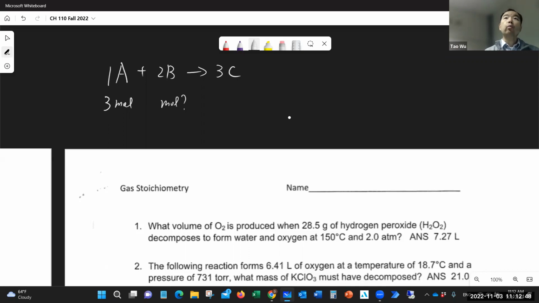But we have different ways to figure out the moles of the stuff, because the ratio used here is a mole ratio. It's not for mass, it's not for concentration, it's not for volume. It's for moles. So the way to figure out the moles is different.